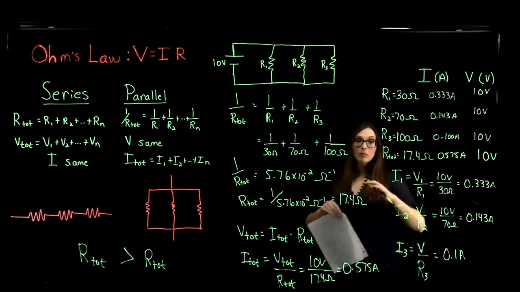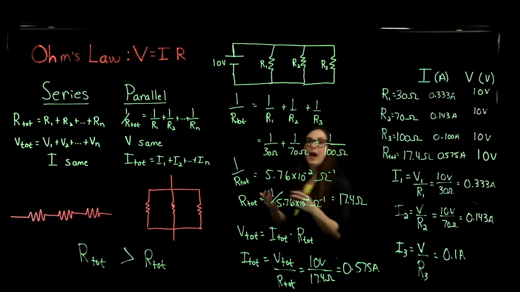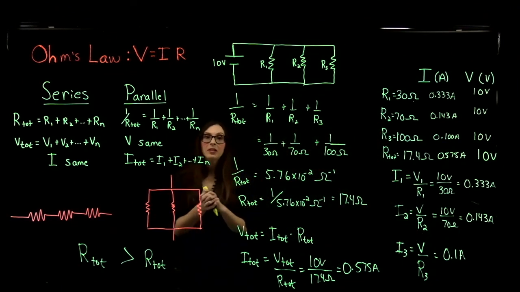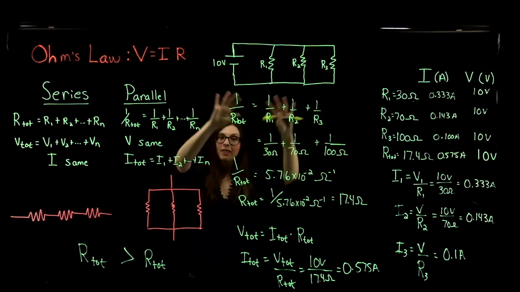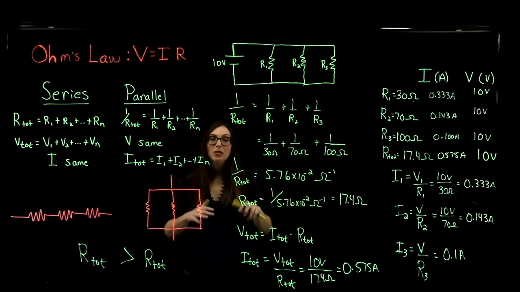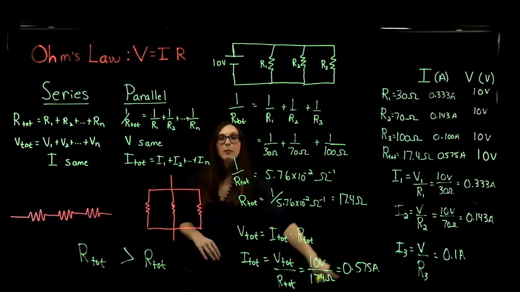So when we're solving these types of problems, if all that I ask you to do is find the total resistance in the circuit, you can stop right here. Okay. If what I ask you to find is the total current in the circuit, you have to do this step.